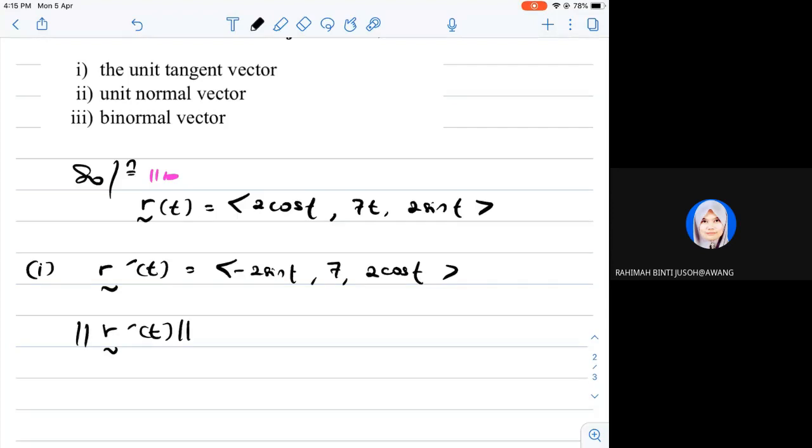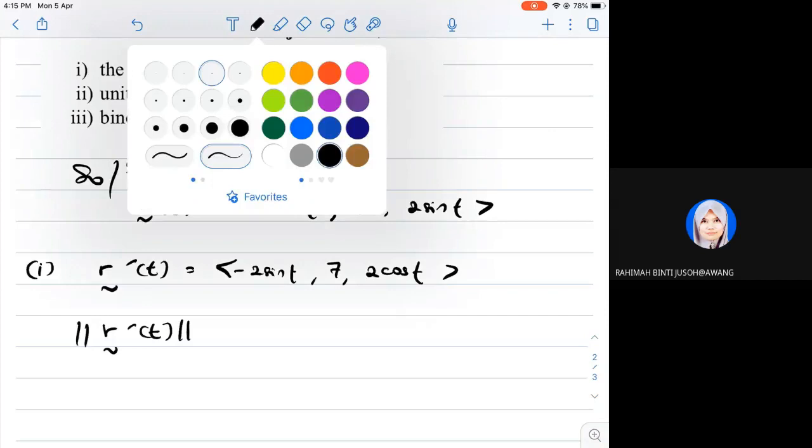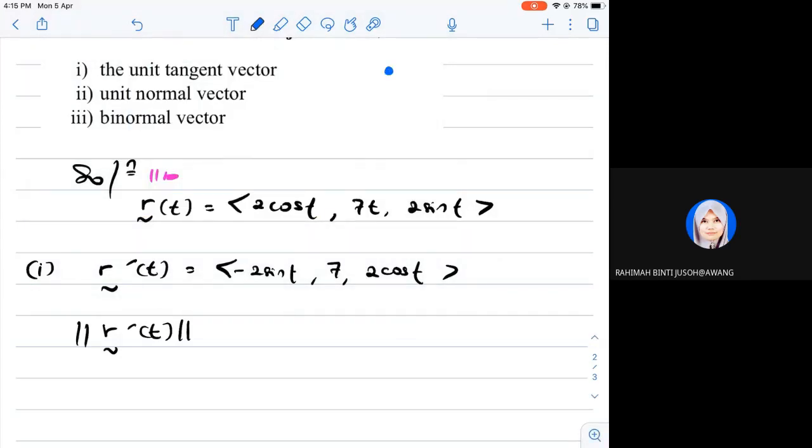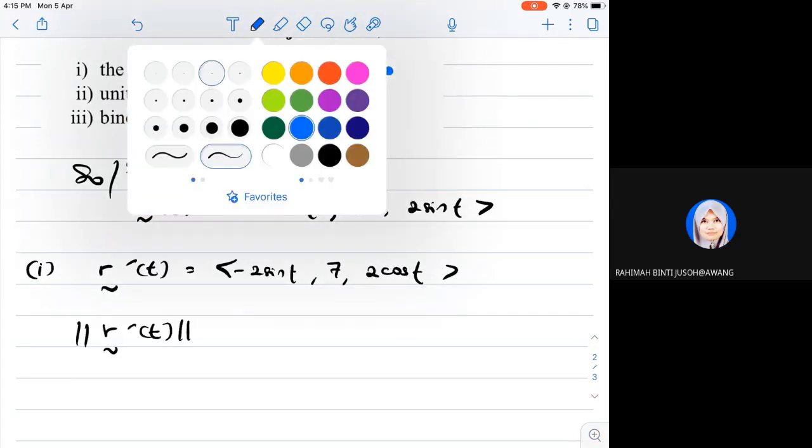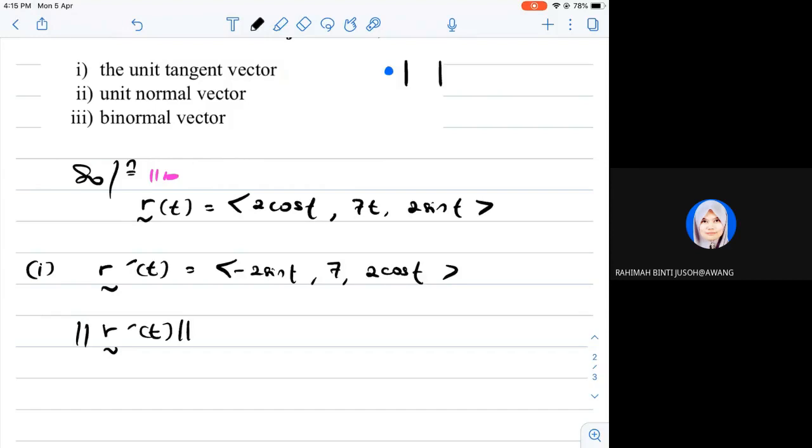Ni nama dia magnitude. Okay guys, notation sikit. Kalau ini single bars, maksud dia modulus. Modulus means you have to make it positive. Kalau yang ni double bars, ini maksud dia magnitude.